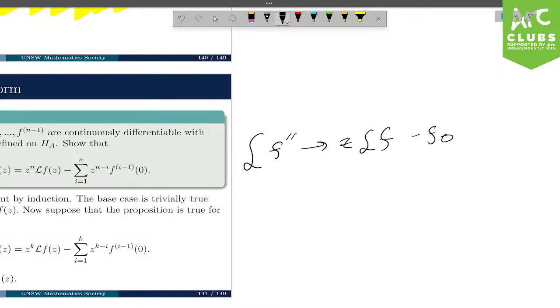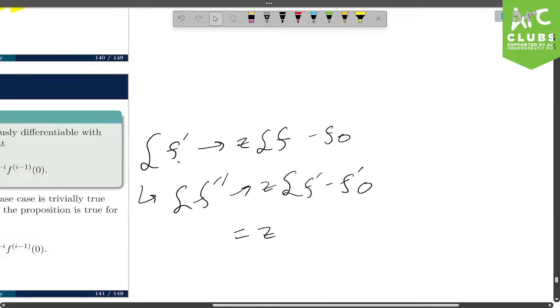Okay, but then if I sneakily add a dash on everyone, then what that turns into is Laplace of f double dash goes into z of Laplace of f dash. Hey, I need to work this out. So I'll just write it out in full for now.